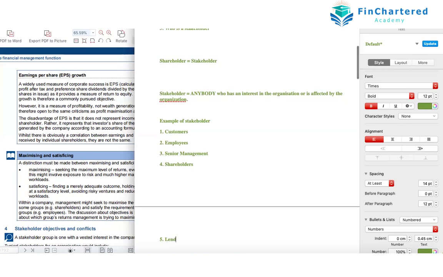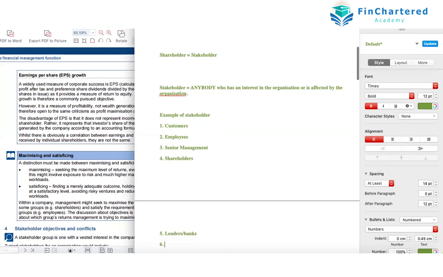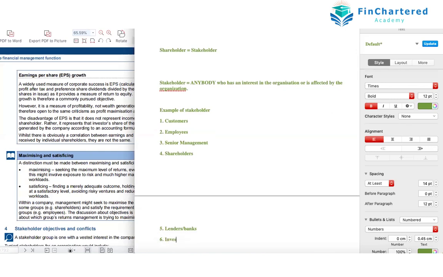So lenders or banks are also stakeholders. What about investors? Again, if you people invest in Finchartered Academy, you are putting your money in the company. So obviously, if you put money in the company, you are interested in knowing what is happening.